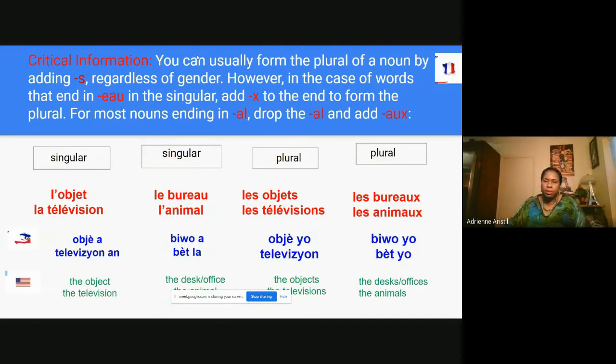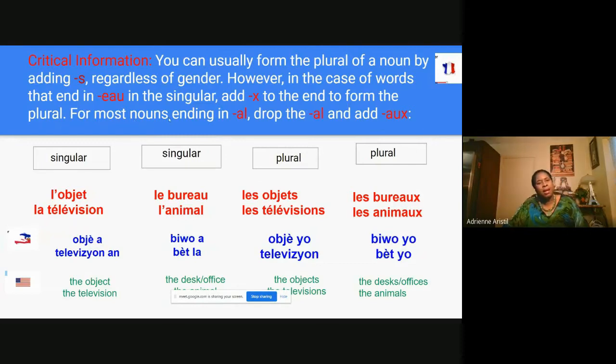We're going to talk about the plural concept. You can usually form the plural of a noun by adding an S, regardless of the gender. However, for words that end in E, A, U, I should say it in French, E, A, U, it gives you the sound O, in the singular, add X to the end to form the plural.